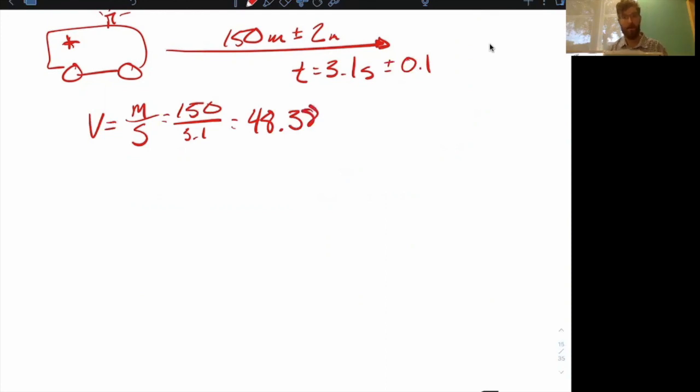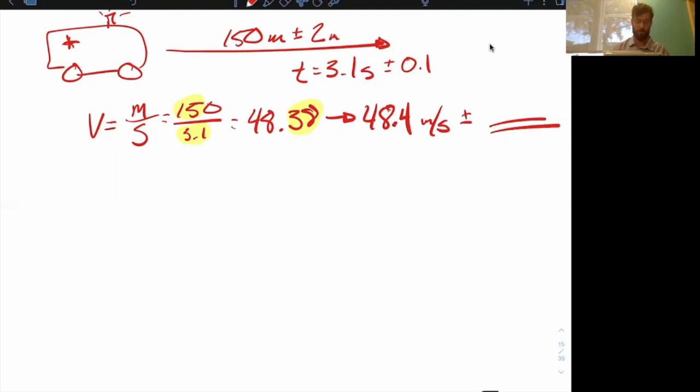Now, right away, ladies and gents, we have to obey our significant figures. You can see here that we have 2 significant figures for 3.1. We also have 2 sig figs for 150, but we're going to that first decimal spot. That is the most precise measurement we have. So that is as far as we can go. So I'm actually going to rearrange this to be 48.4 meters per second.